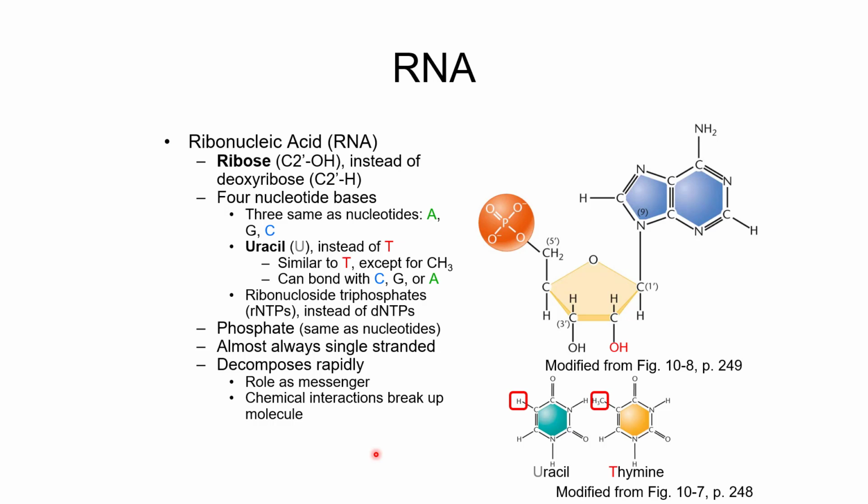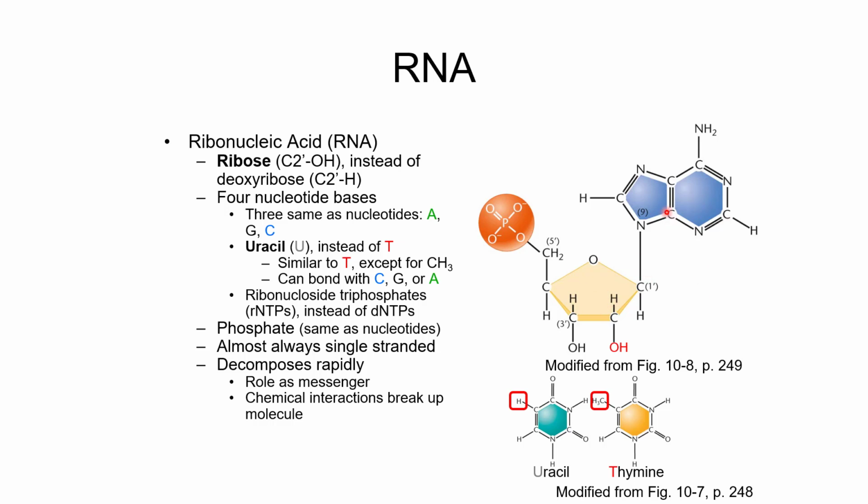Before we go too much further with transcription, let's back up and talk about RNA as a molecule. So ribonucleic acid, the difference between RNA and DNA is the fact that we have this extra oxygen on our second carbon in our ribose sugar, okay?